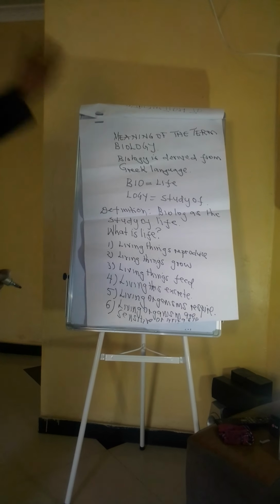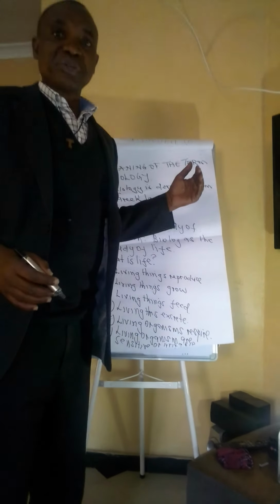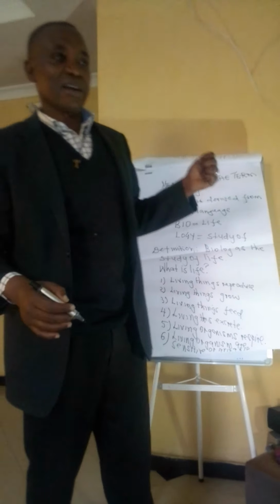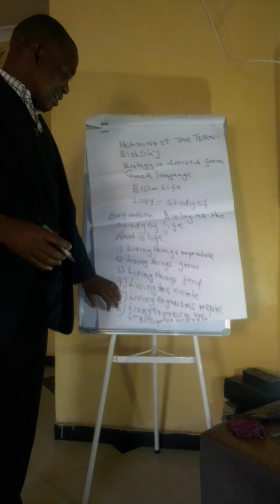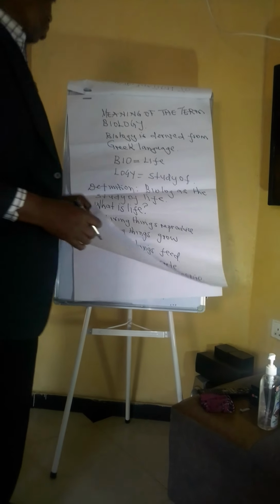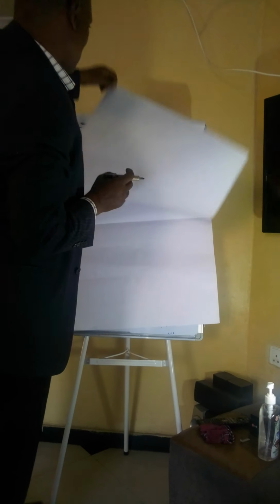And then when you respond to the environment, you need to take a step. You need to move around. You need to move from one point to another. And therefore, we say that living organisms should be able to move. So that is our 7th characteristic, and that is the last one.